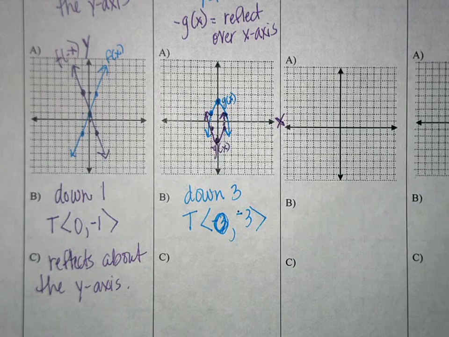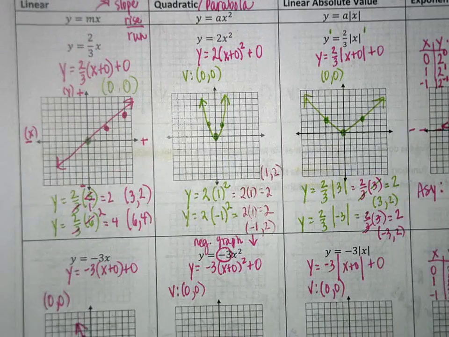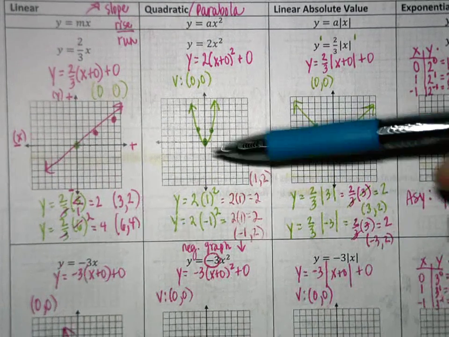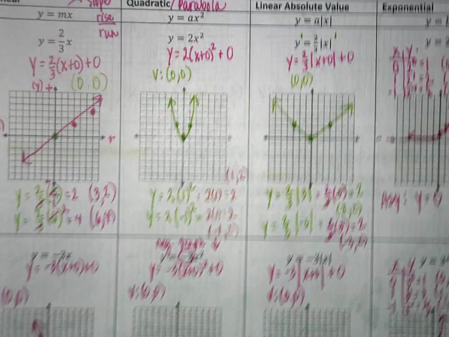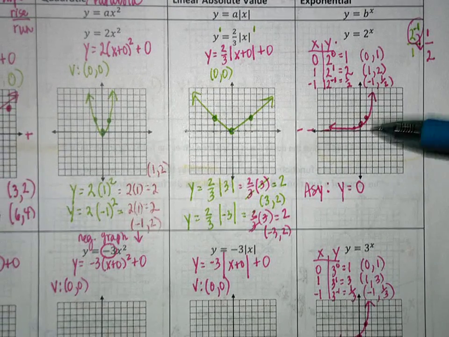Okay, so it's basically going back to lesson 1. So let me just get there for you. So remember in lesson 1, our parent graphs would all start at 0, 0, except for exponential functions, those all started at 0, 1.